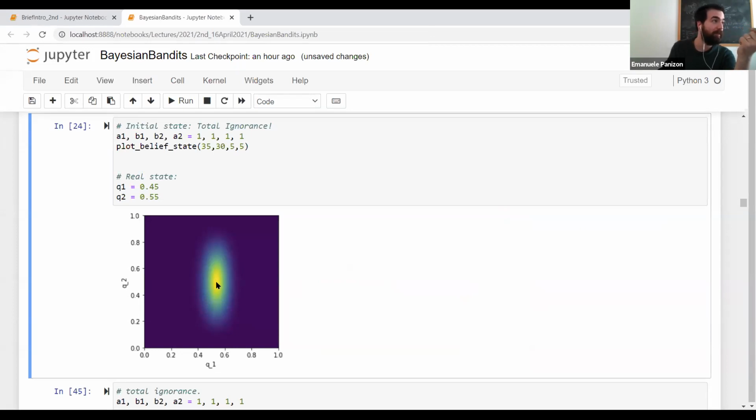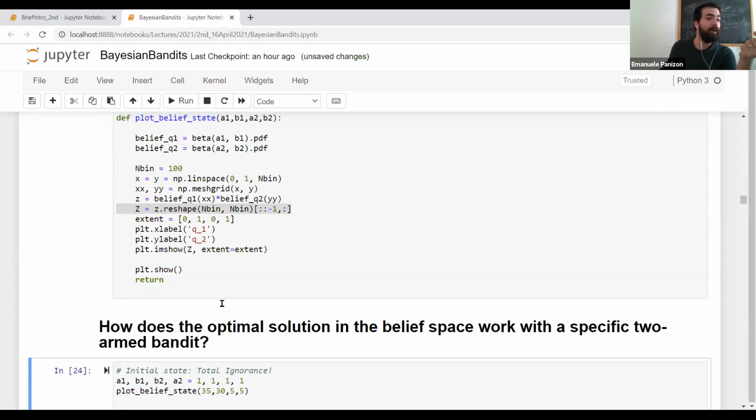The other one is in 0.5, so exploitation is better. But you can see that actually there is a very considerable amount of probability of being in a system in which Q2 is actually above the diagonal, okay? It means that for this specific region here, the best possible action is actually to explore Q2, because there is a very reasonable probability that it ends up in a state in which Q2 is actually much better, okay?